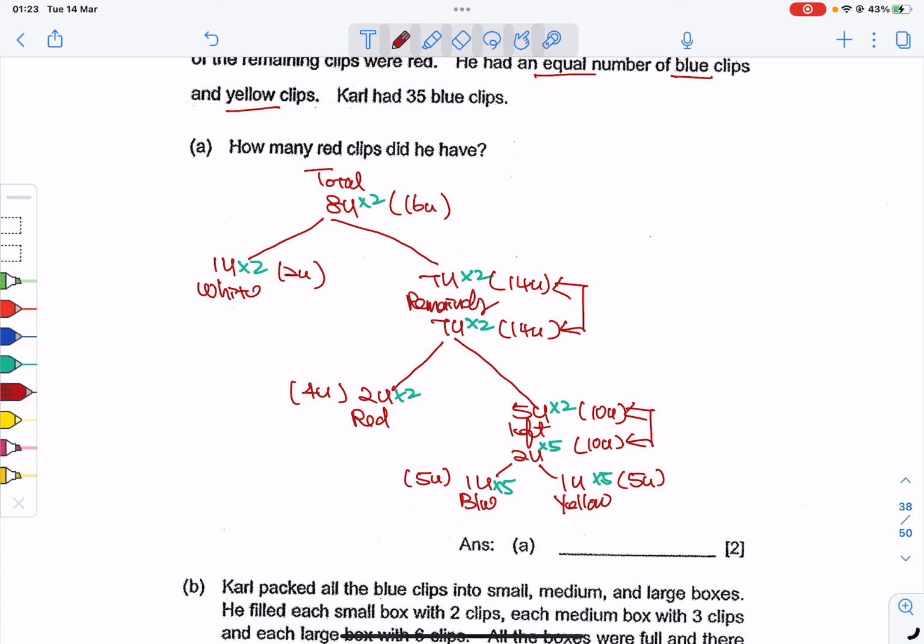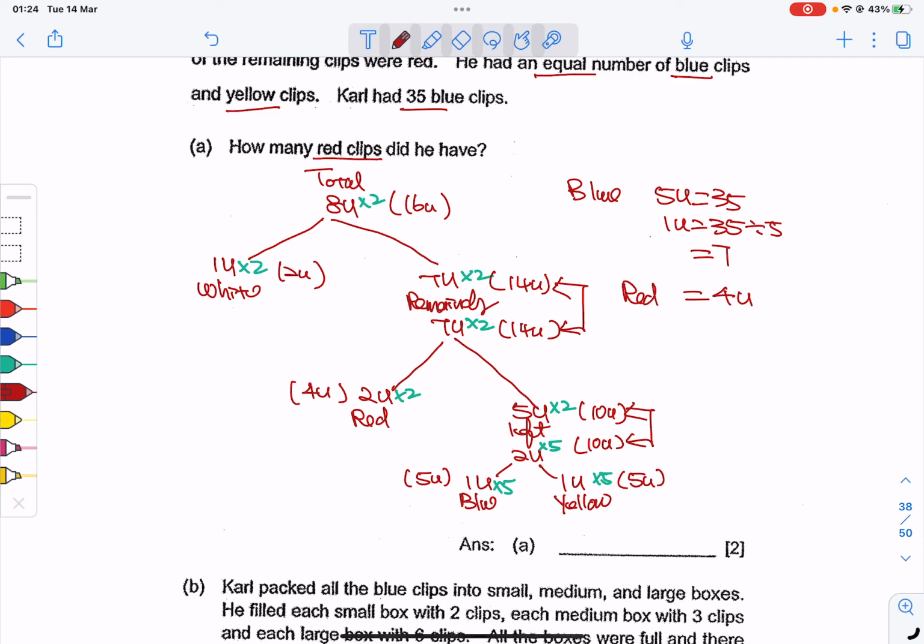Okay, so blue is 5 units. 5 units is 35 given. So we can find 1 unit is 35 divided by 5, which is 7. So what did they want? They want how many red clips? So red is 4 units.